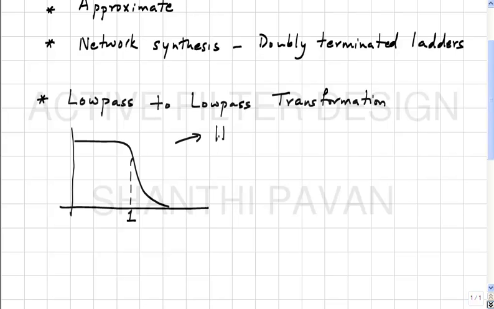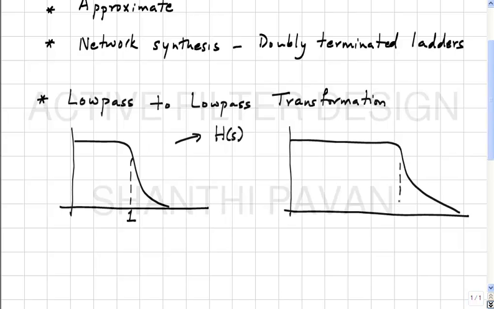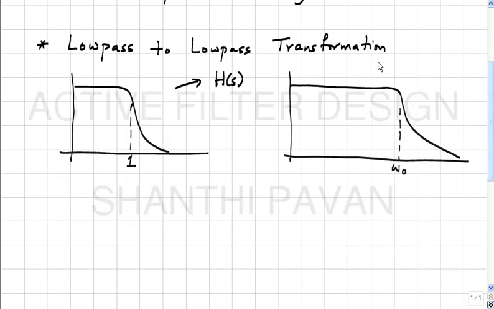Now from this we have figured out, let's say this was some H of s. Now what if we wanted the same shape, but the critical frequency moved to omega naught? Okay, so the answer seems to be H of s by omega naught.